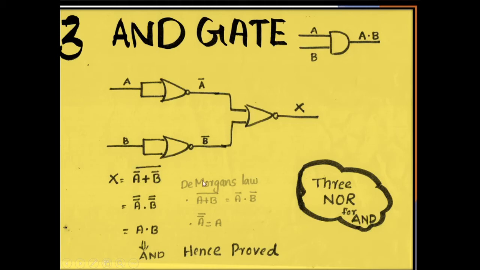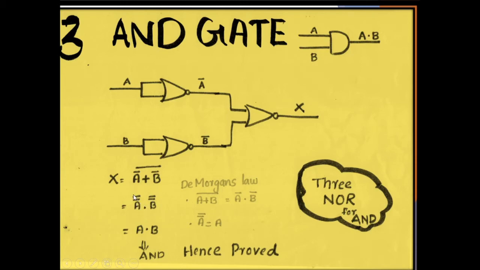By applying De Morgan's law, that is, De Morgan's law states that A plus B whole bar is equal to A bar dot B bar. We can apply it here. So X can be written as A double bar dot B double bar. That is, double complement of a variable is the variable itself.